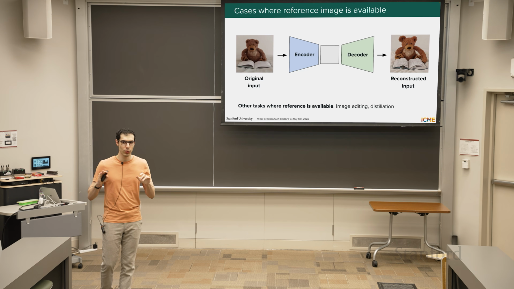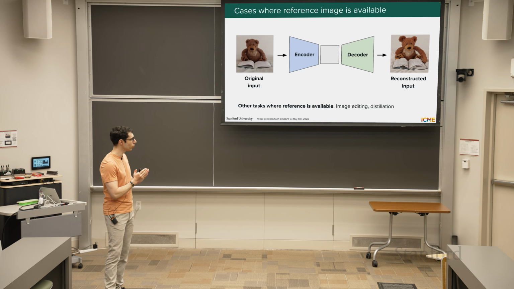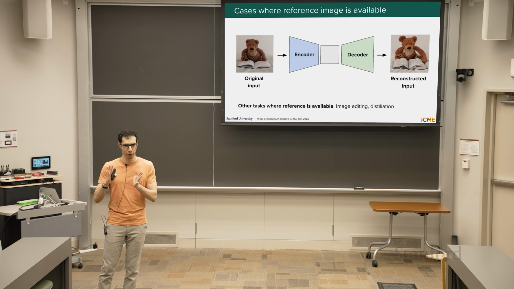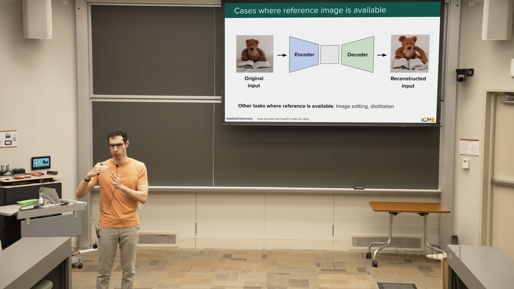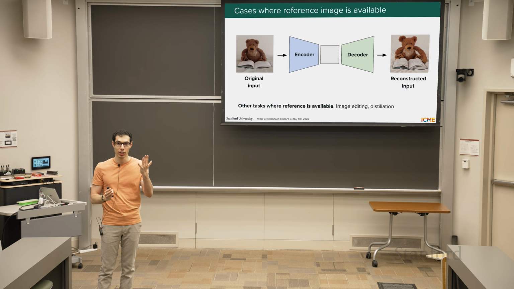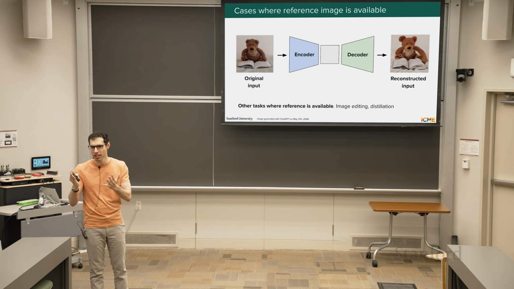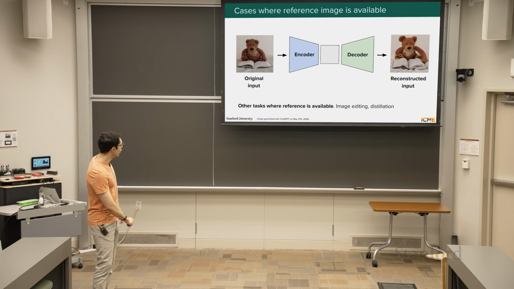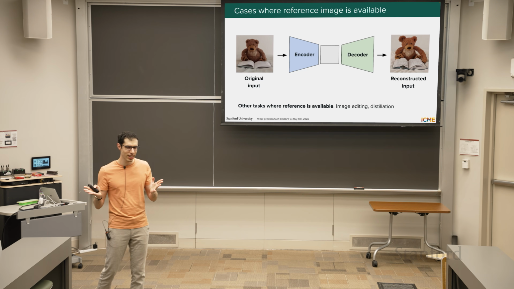So you could very well, in this setting, want to compare what you output with what you wanted to output. And this is the reason why, in this section, we're going to go through such metrics, which we're calling reference-based, as opposed to reference-free, because reference-based metrics have something that you can use to compare your generated image against. I mentioned the VAE, but you have other use cases as well.